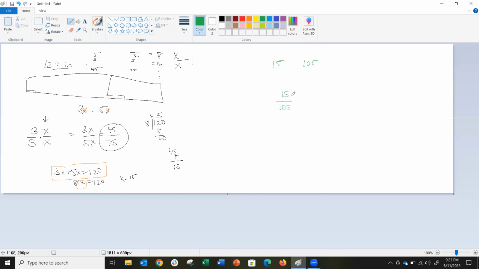Let's see, 5 goes into 15 3 times. 5 goes into 105 21 times. So that reduces the ratio to 3 to 21. That was not what we wanted, so that couldn't be your answer. And they would also have to add up to 120. 15 and 105 did equal 120, but that ratio didn't simplify to 3/5.